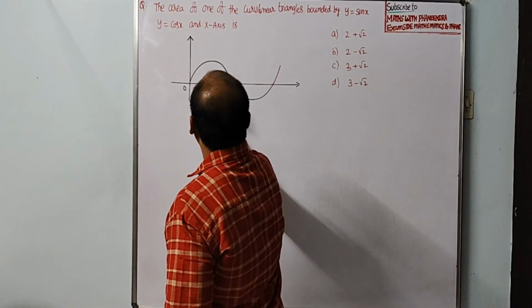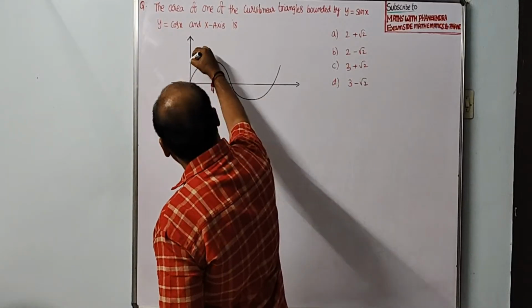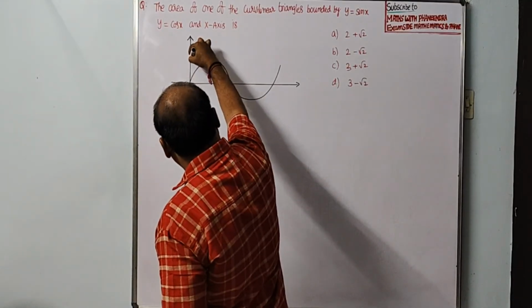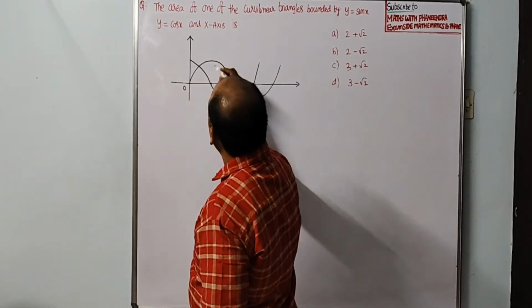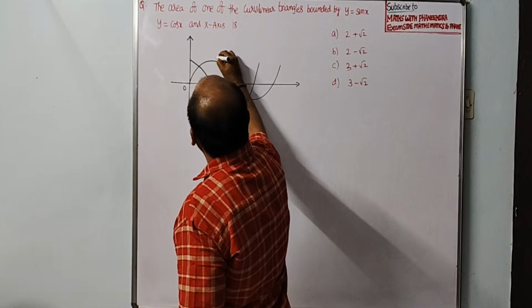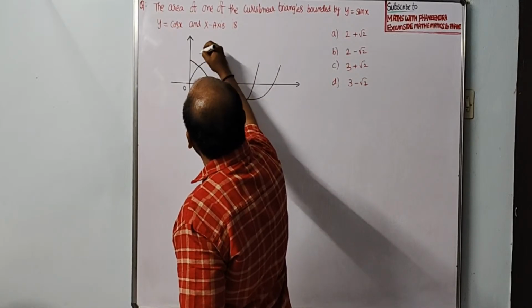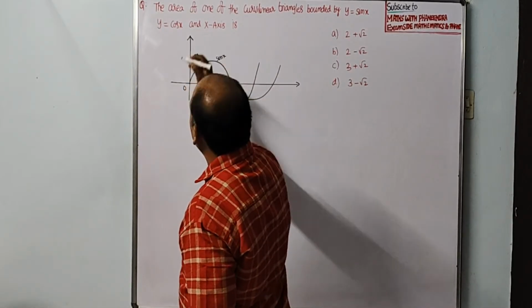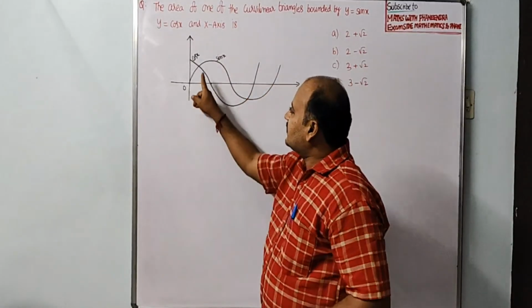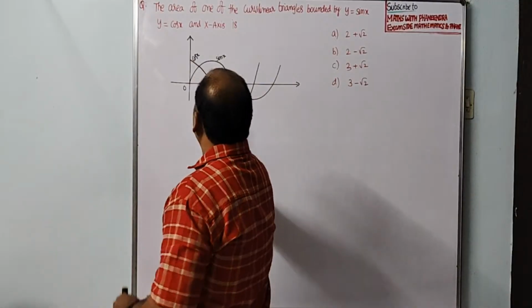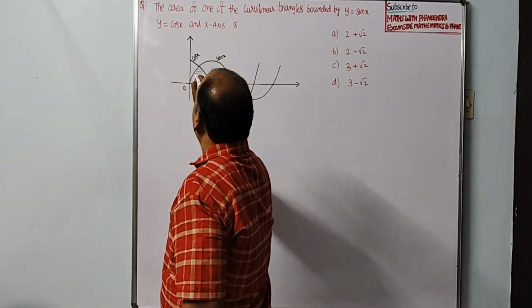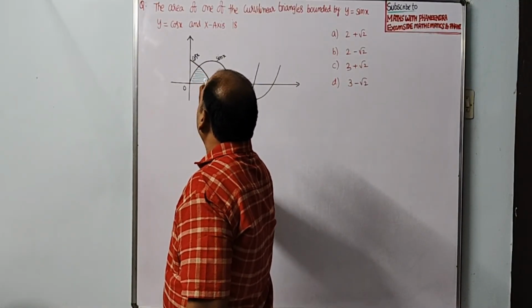Next, y is equal to cos x. This is the sin x curve. This is the cos x curve. This is called a curvilinear triangle. This one is also called a curvilinear triangle.